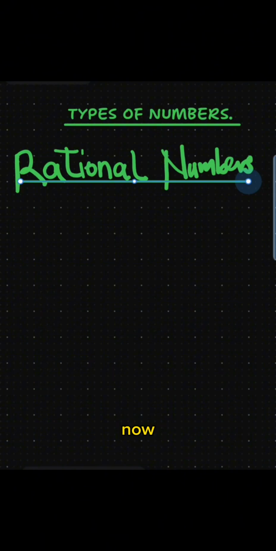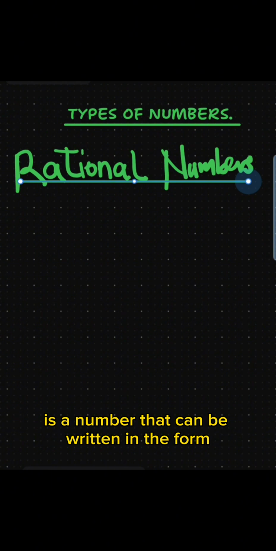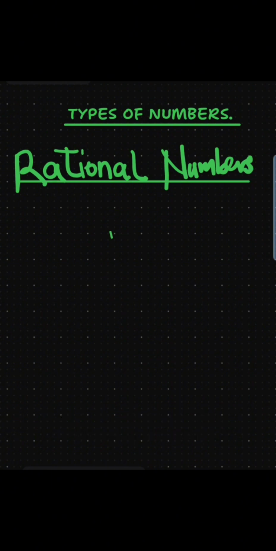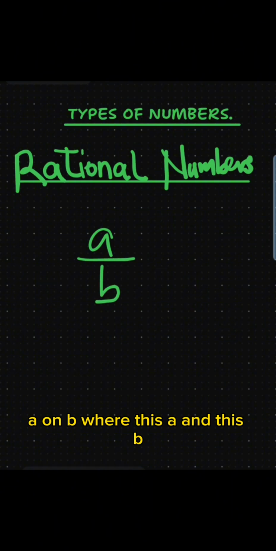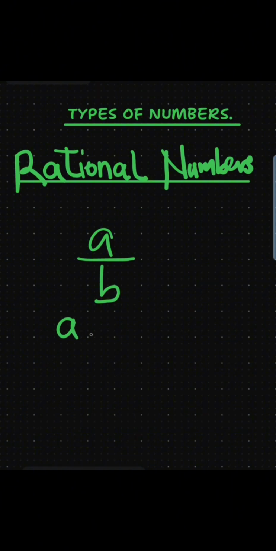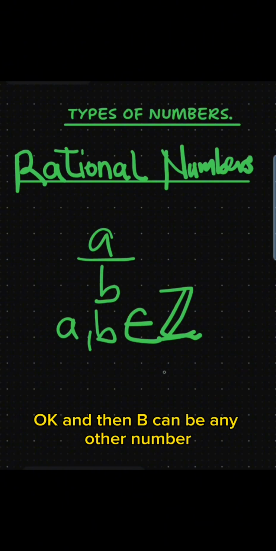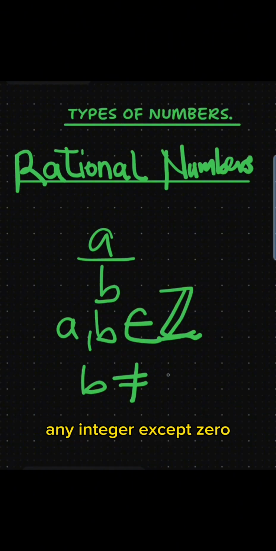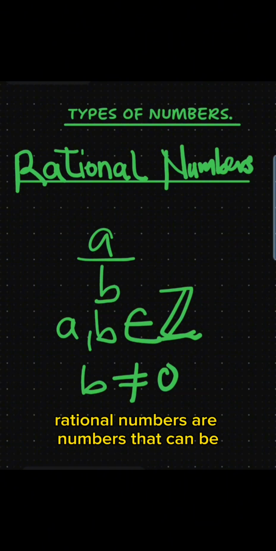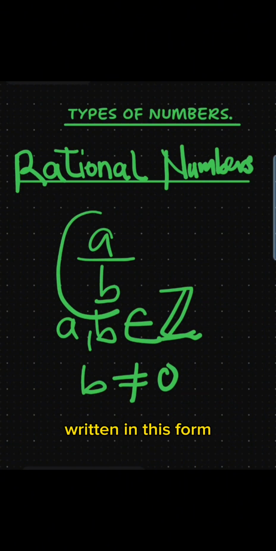A rational number is a number that can be written in the form a on b, where a and b are both integers, and b can be any integer except 0. So rational numbers are numbers that can be written in this form.